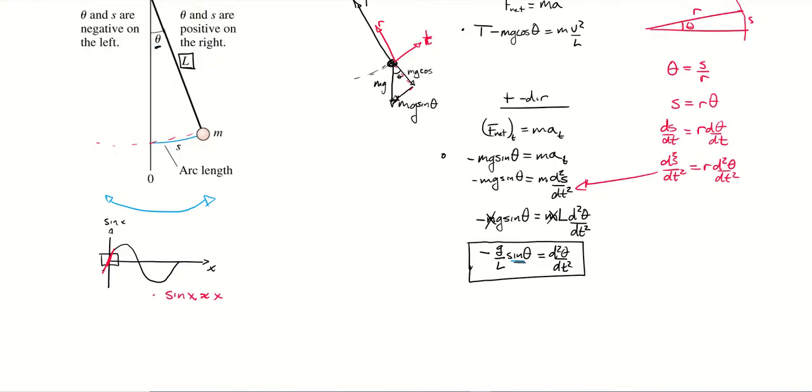Another way we can think about that is you may recall that sine x can be Taylor expanded or written as x minus x cubed over 3 factorial plus x to the 5 over 5 factorial minus x to the 7 over 7 factorial plus dot dot dot, and keep following that pattern.